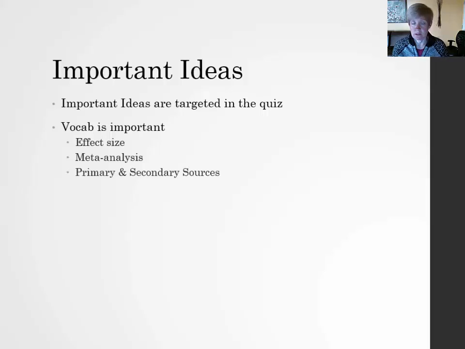Primary and secondary sources, this should be familiar to you. Probably in your undergraduate, you talked about primary and secondary sources. There's a quiz question on it. Formal and professional literature review, I mentioned that just a moment ago. Formal is definitely something that is required in your MS degree. And of course, a professional literature review, which I see in a lot of the ASCD publications that I receive, that authors write. They're almost secondary sources. They're professional reviews.